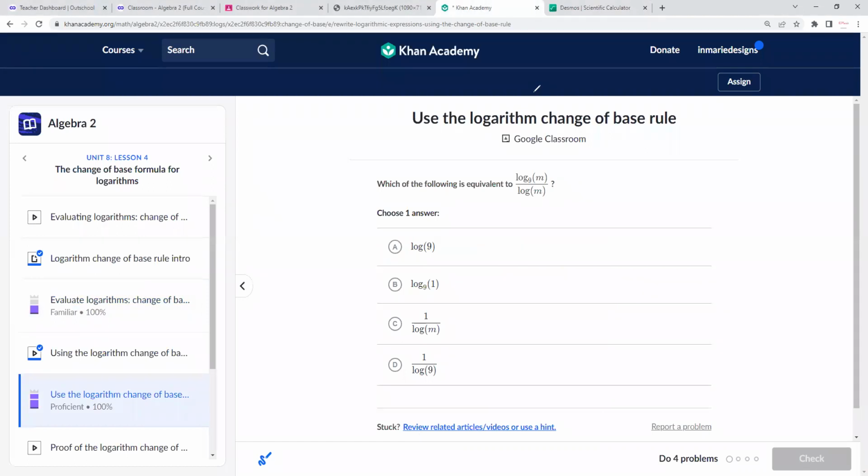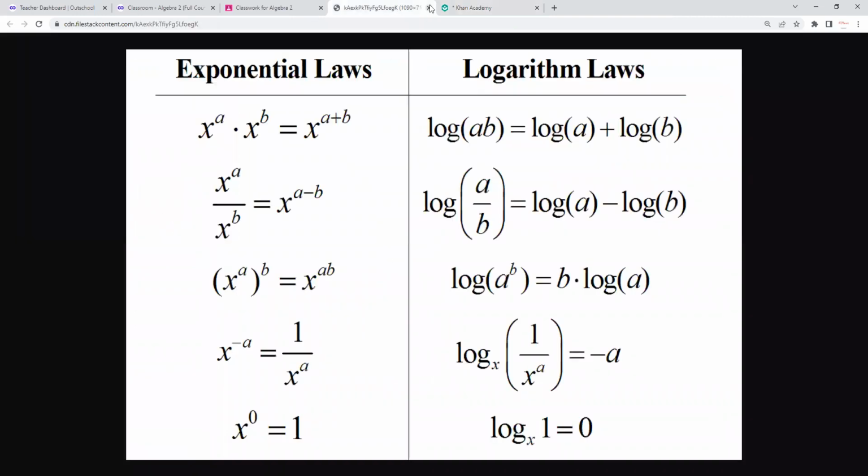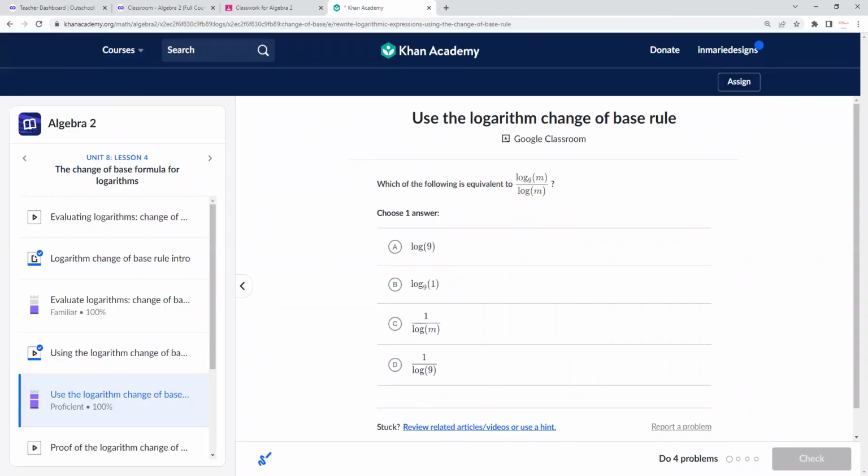Okay, so these are also doing change of base. For these, I recommend doing it by hand. I have some students, they rely too much on the calculator, and then when it comes to start solving these, they have no idea how to set them up. So do things by hand before you do calculator. So we have log, okay, so I'm gonna write the top as log m. So argument over base, right? So now I change the base, change of base rules. These both have a base of 10.